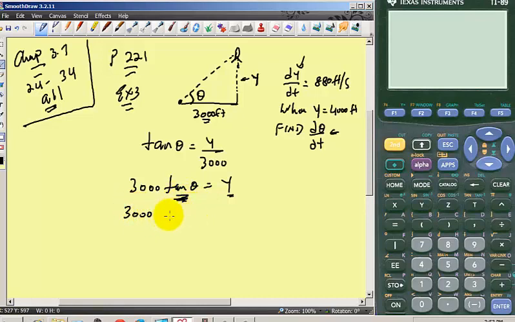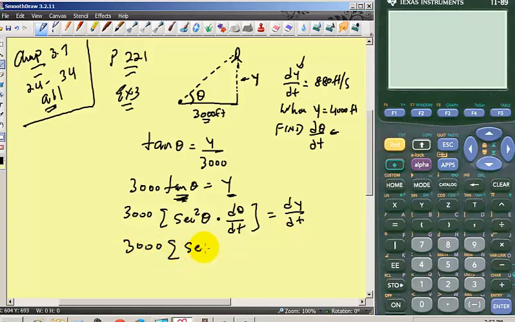When I take the derivative of a tangent, I get secant squared of theta times d theta/dt because I'm using the chain rule, and that's equal to, on the other side, dy/dt. Plug in all the information we have: 3,000 times secant squared of theta times d theta/dt, which I'm trying to find, is equal to 880.